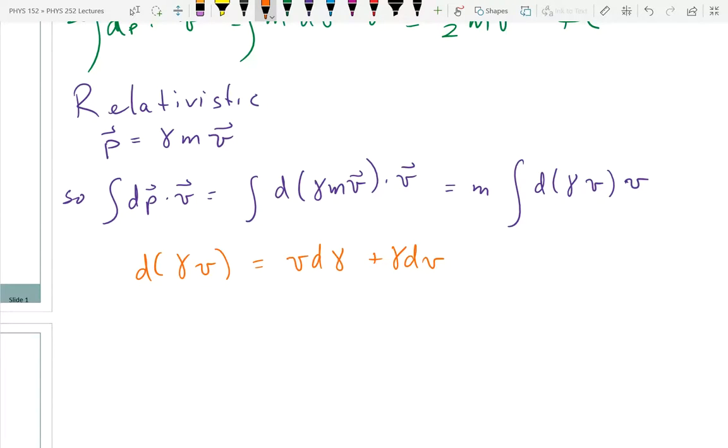So there's using the product rule. Now I'm going to use the chain rule on the first one. Now I at least have them both in terms of the same thing, both in terms of dv.